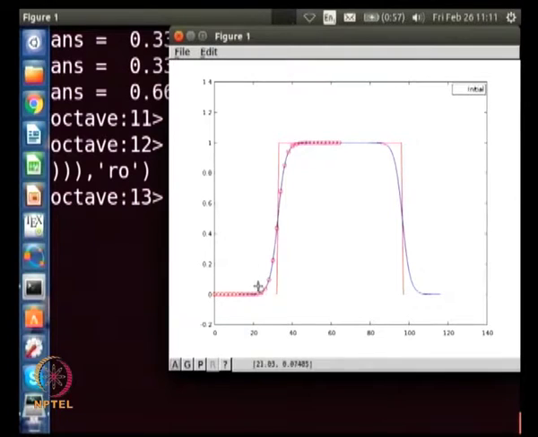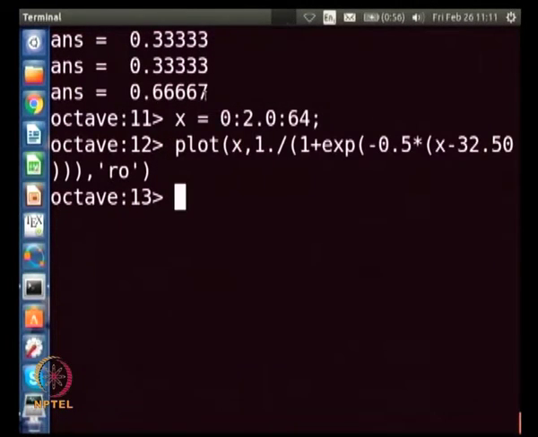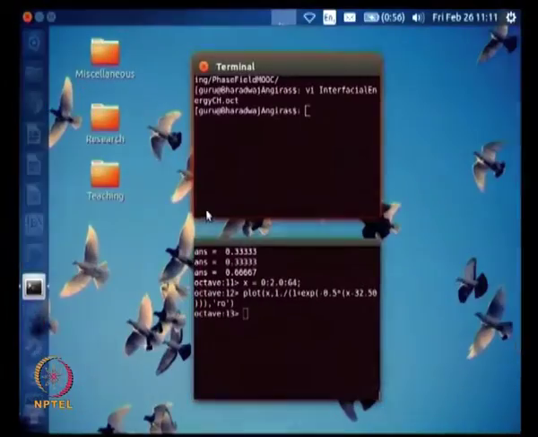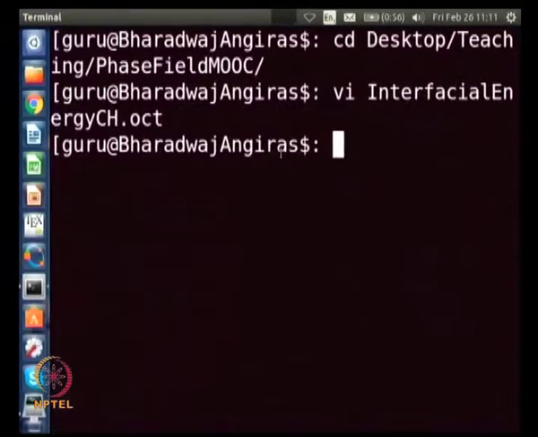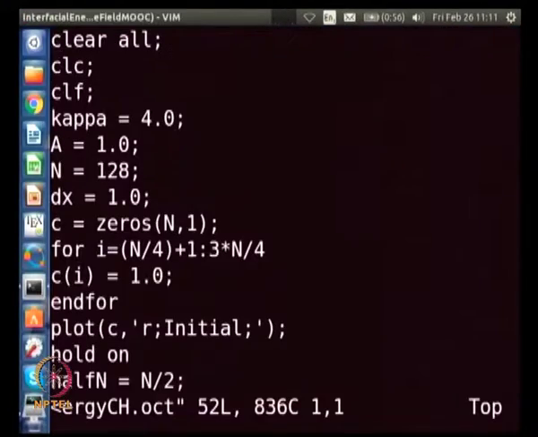So, you can see analytically the solution is matching, and you can also see that the interfacial free energy has become double. We can go back and make A to be 4 and kappa to be 1. Okay.